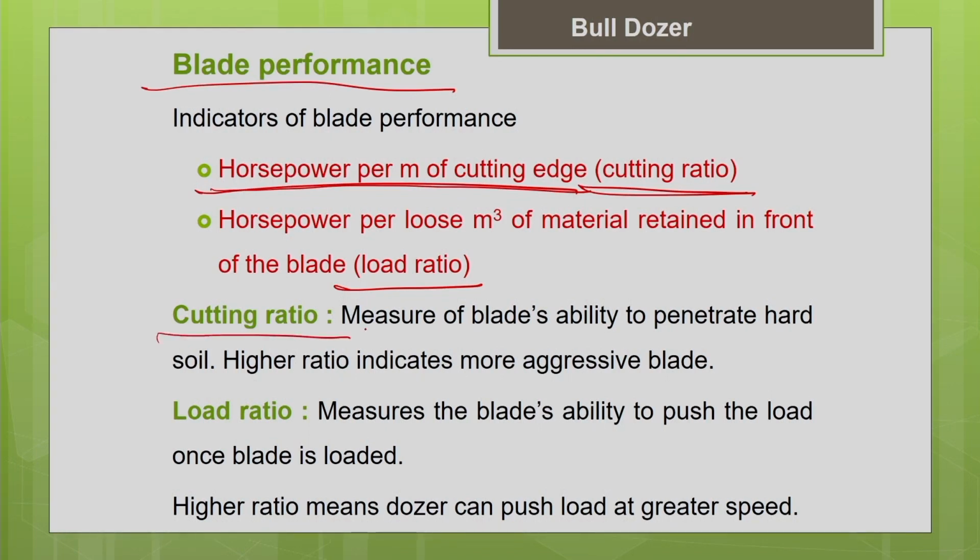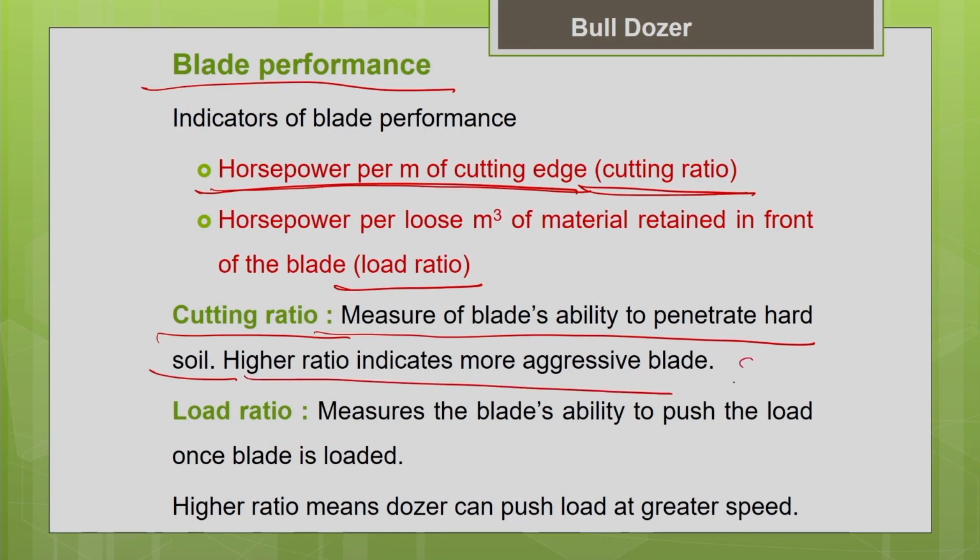So cutting ratio measures the blade's ability to penetrate the hard soil and obtain the load. If I say the blade has a high cutting ratio, it means it can easily cut the soil and obtain the load. So even in very hard soil conditions, it can easily handle them if it has a high cutting ratio. So a higher ratio indicates a more aggressive blade.